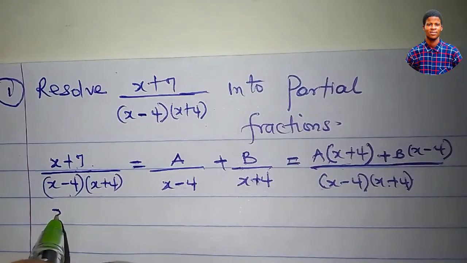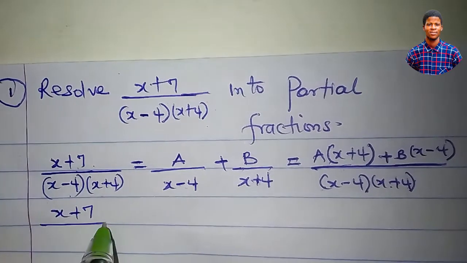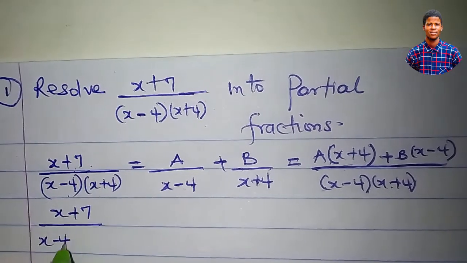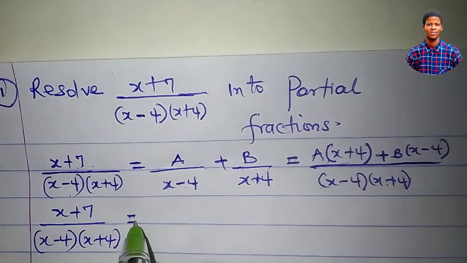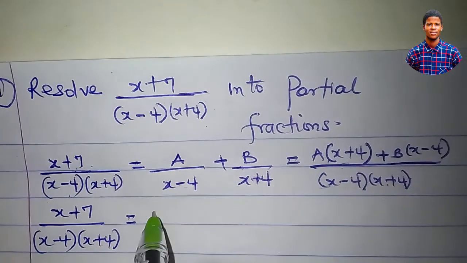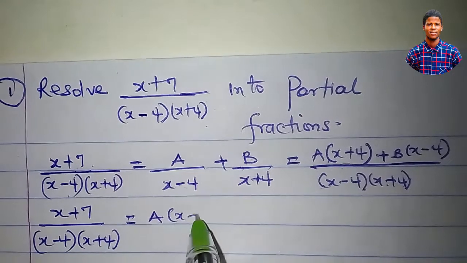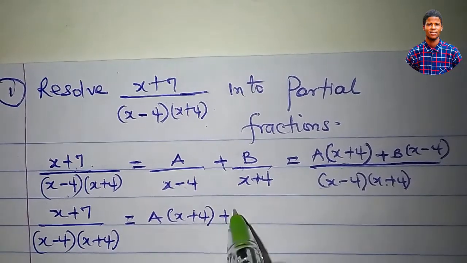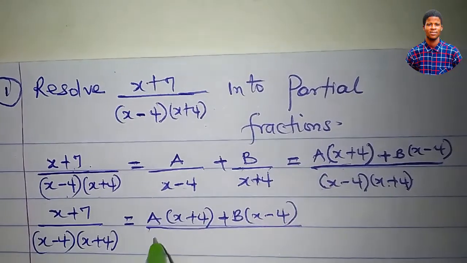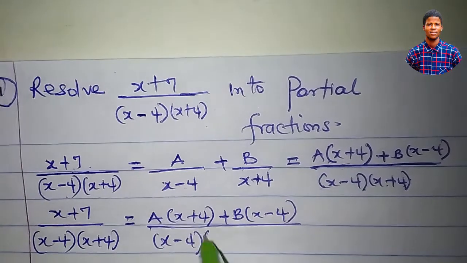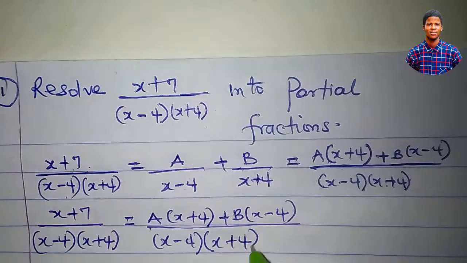And so we have (x + 7) over (x - 4)(x + 4) is equal to [A(x + 4) + B(x - 4)] over (x - 4)(x + 4).